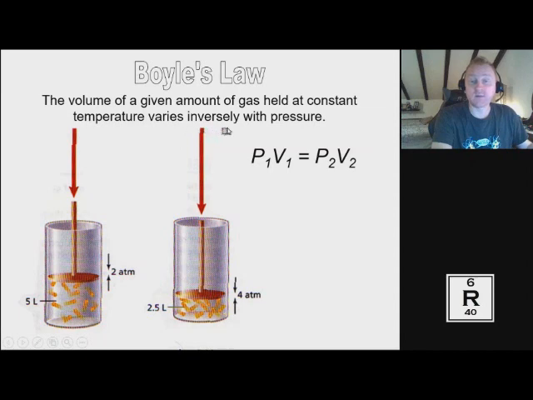So by inversely related, what I'm saying here is that in the first situation, I have a volume of 5, and in the second one I have a volume of 2.5. As the volume decreases, the pressure increases. That's an inverse relationship. As one decreases, the other one increases. So as the volume decreases, the pressure increases.